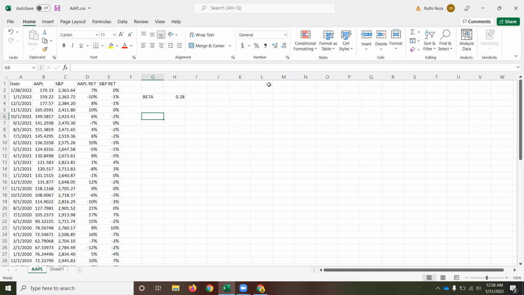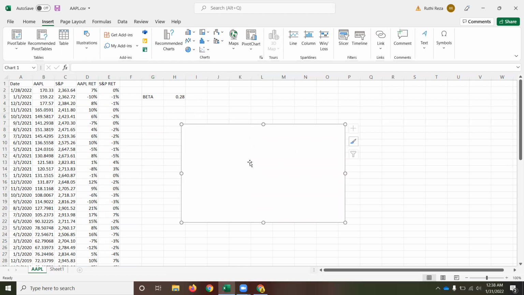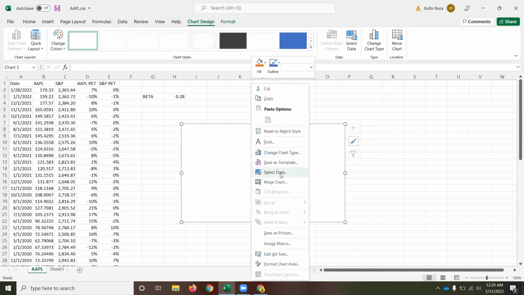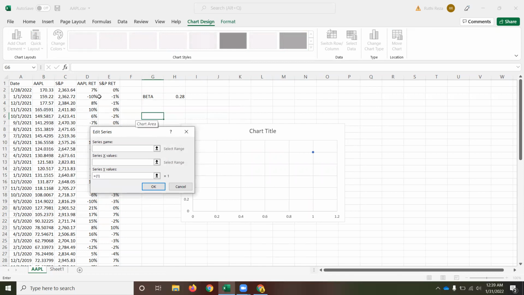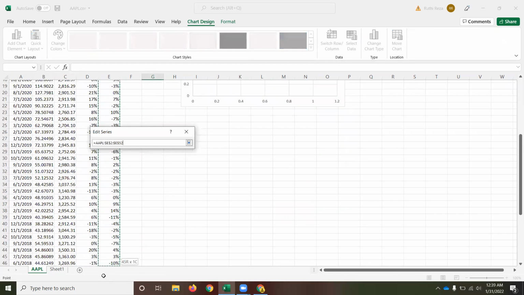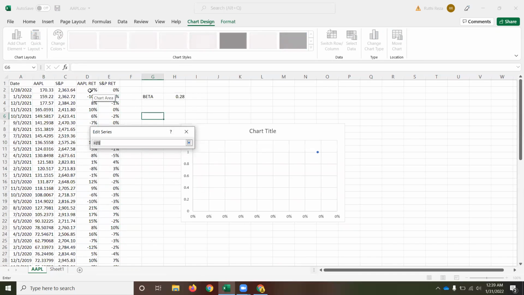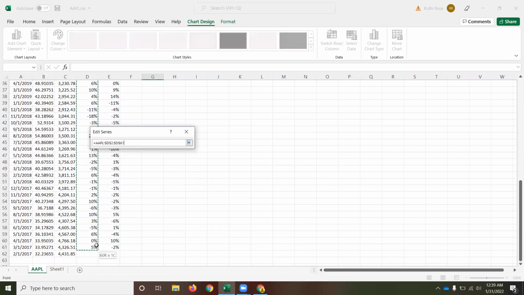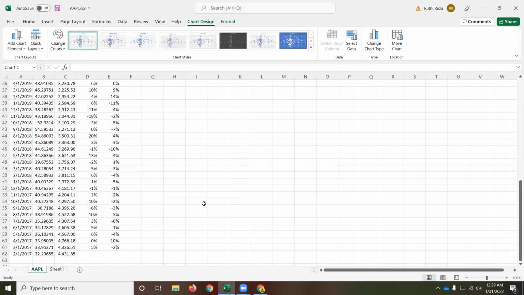So here insert and then scatter plot, and then here let us select data and then add, and then here first our X values, and again our X values will be our market return, and then our Y values will be our stock return. Right. And then hit OK.